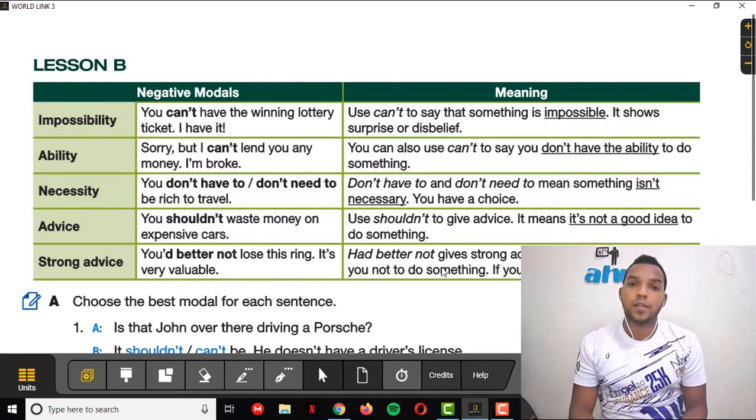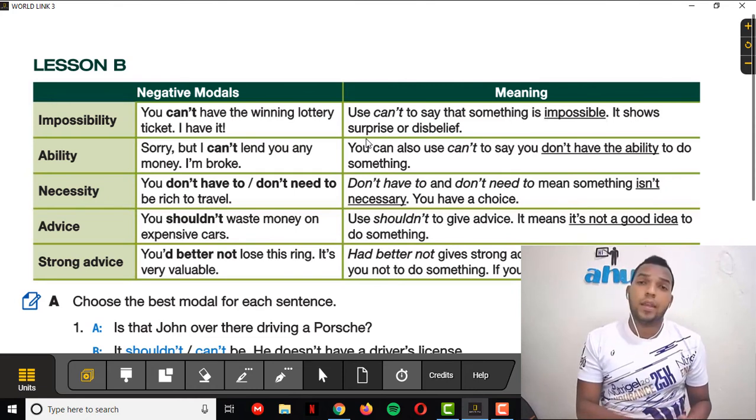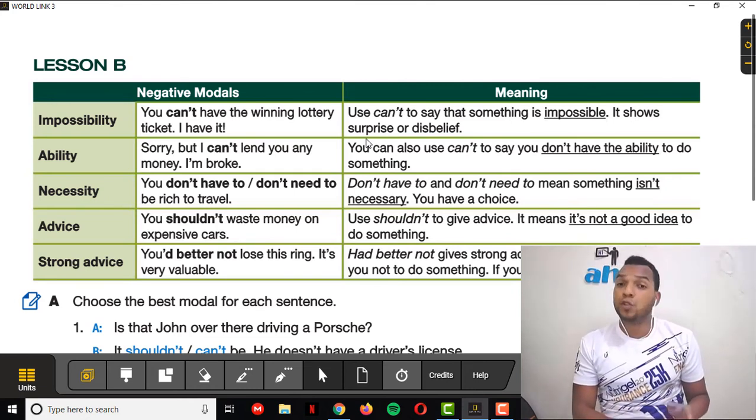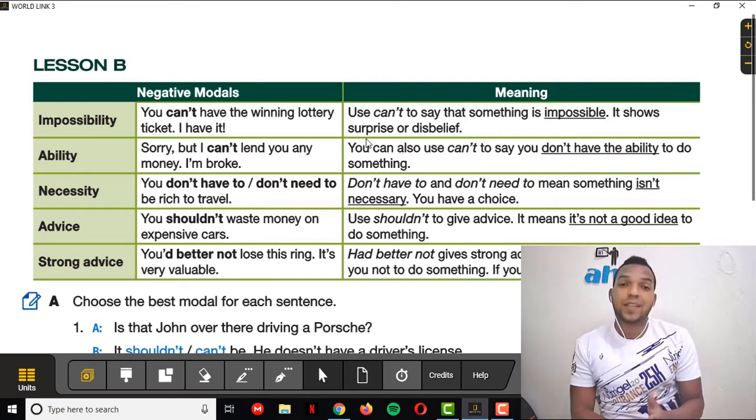Okay, so in this way, this is the way they use it in the past, that they use couldn't. Those two you can say in the present, if you are totally sure that what you are saying is impossible. And you just have to say, in present, can't. Now if it's like a surprise that you have, you use couldn't.